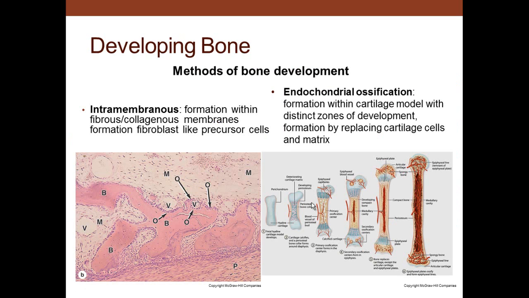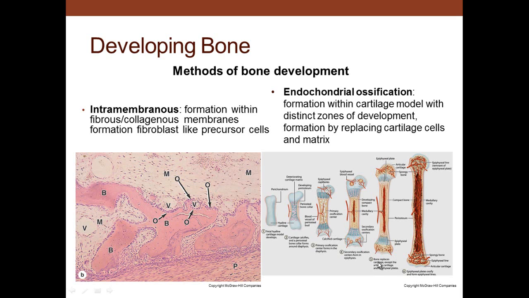In developing bone, we have two different types. A typical type is endochondral ossification, where you form cartilage. In the embryo, we have a cartilage skeleton, and then that is ultimately replaced by bone. In fact, the growth of long bone is dependent upon the cartilage growth at the ends of the bones, and the cartilage is then replaced to expand the length of the bone.